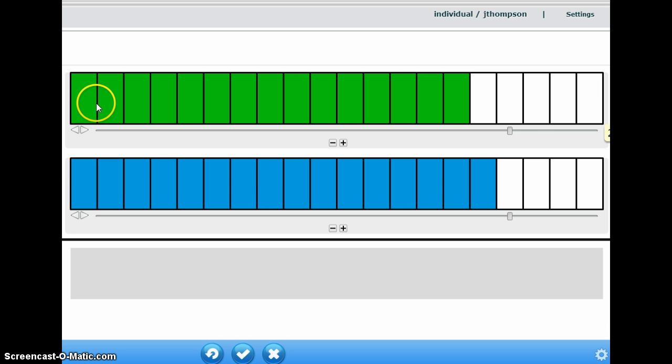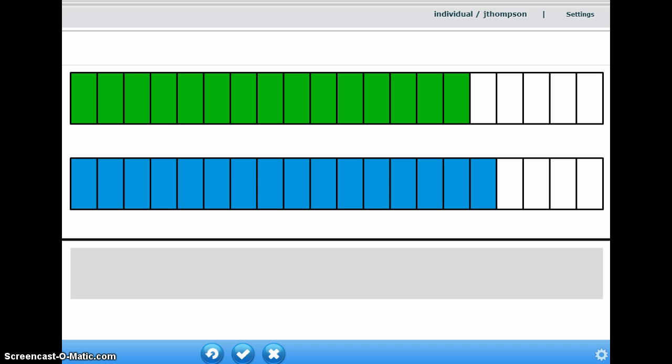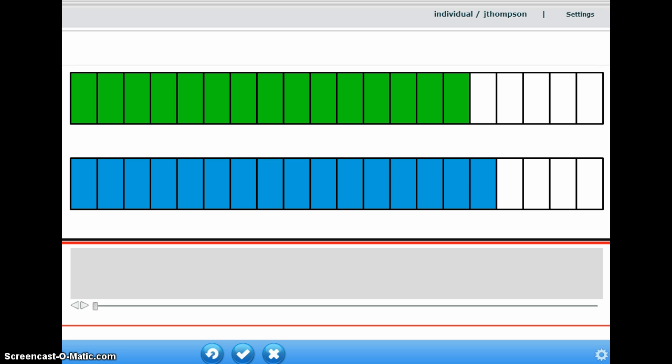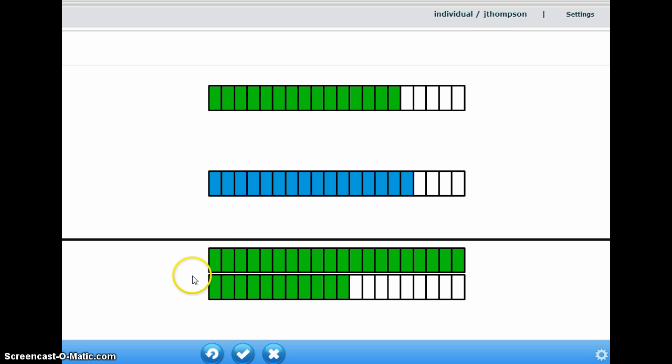So just looking at these, I can see that I've got 15, another 15. This is going to be 31 20ths when I add these together. That's an improper fraction. 31 20ths looks like this. 1 and 1, 2, 3, 4, 5, 6, 7, 8, 9, 10, 11. 1 and 11 20ths.